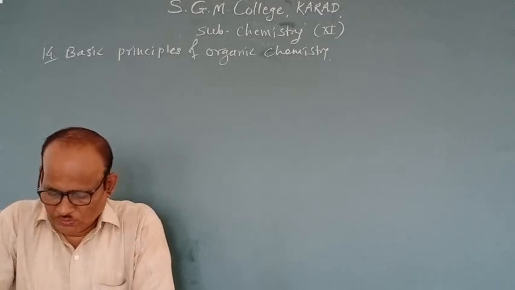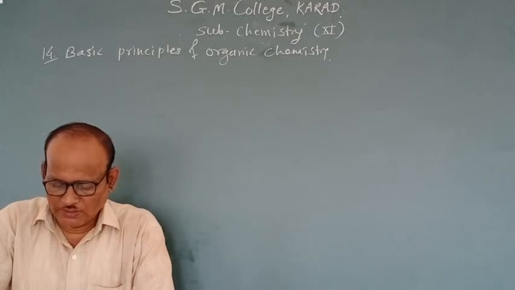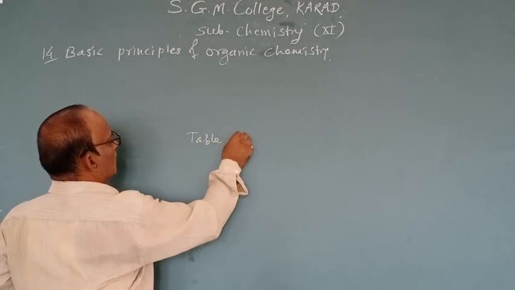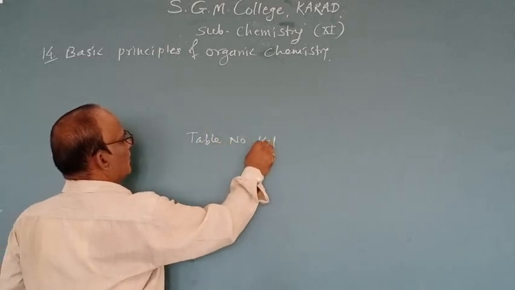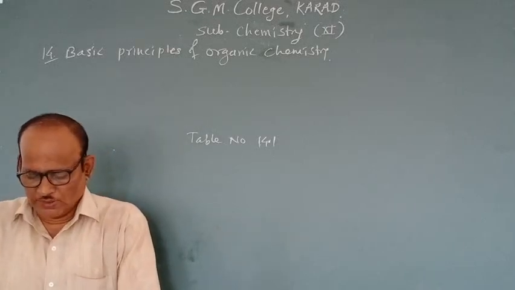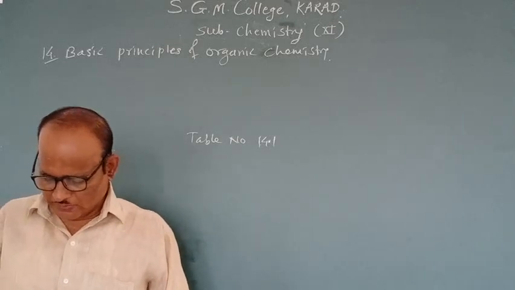So in your textbook there is a table given for exercise, that is table number 14.1. So in this table there are 4 columns. In the first column the dash formula is given. Dash means the structural formula is given.